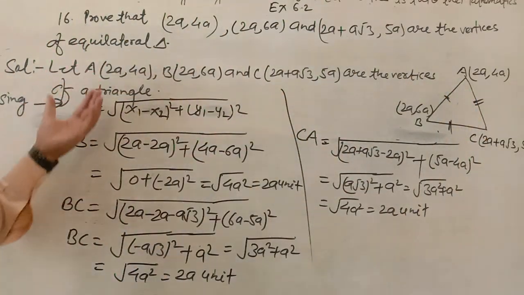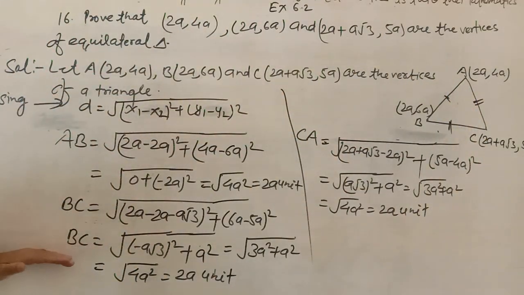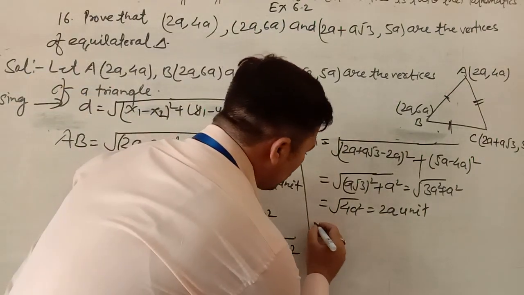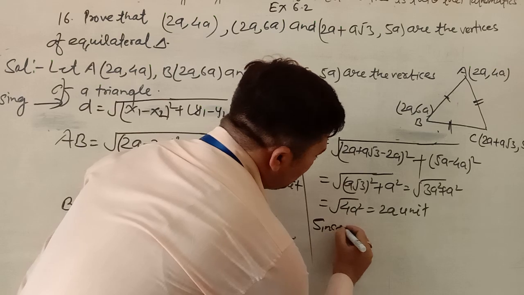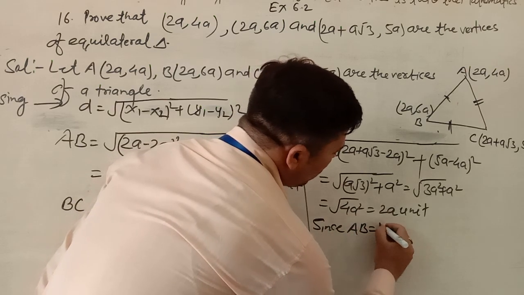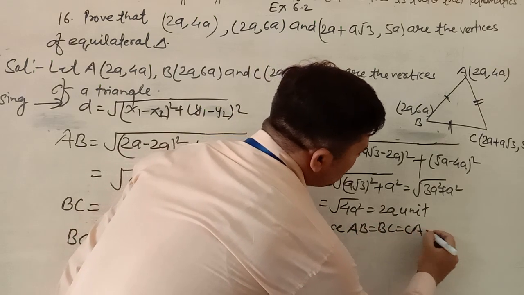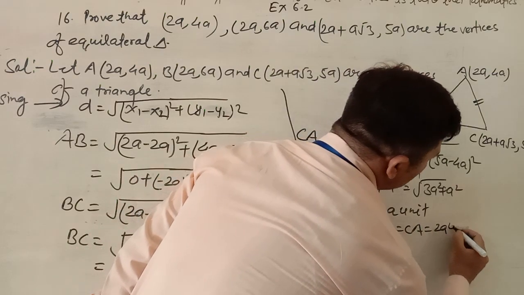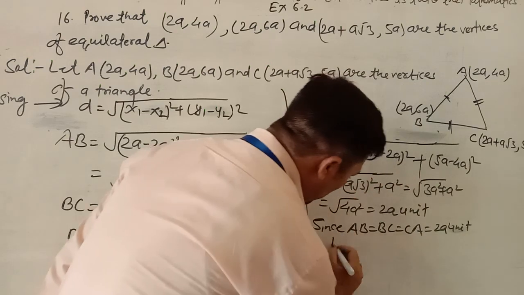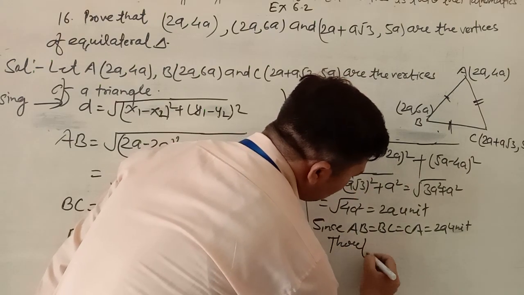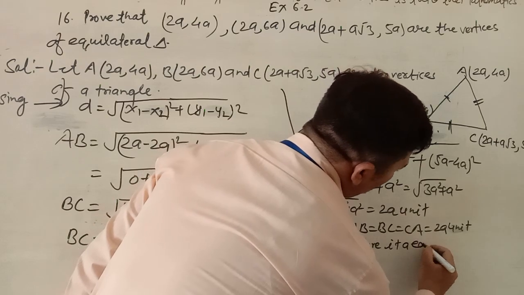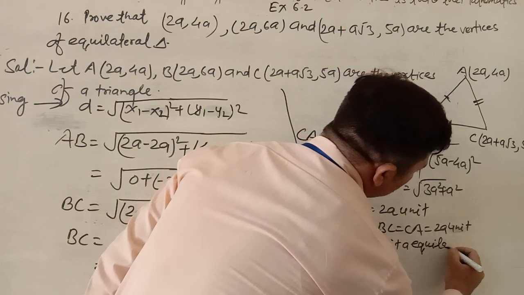Hence, student, you will see that the value of AB is equal to the value of BC is equal to the value of CA. Since AB is equal to BC is equal to CA is equal to 2a unit, therefore it is an equilateral triangle.